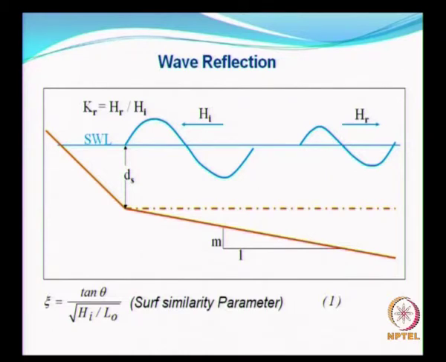Kr is Hr by Hi, where Hi is the incident wave height and Hr is the reflected wave height. You look at the slope. When the slope is there, Hr will be less, and this is what is called the surf similarity parameter, which we have seen earlier.